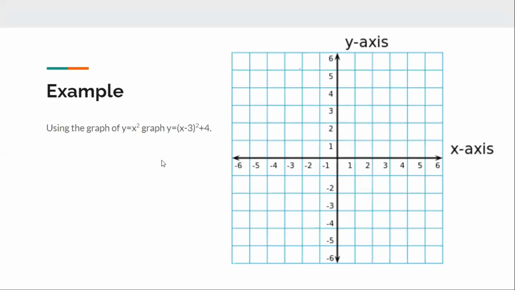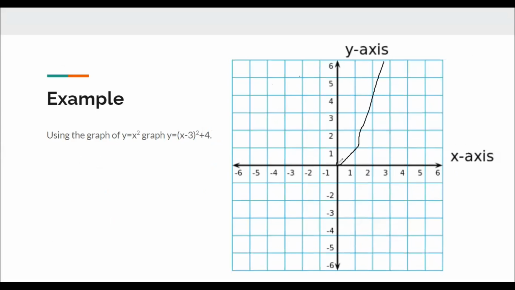Using the graph of y equals x squared, graph y equals (x minus 3) squared plus 4. So first you want to graph y equals x squared. We talked about this last week. It's going to be something like that. That's y equals x squared. So now you think about it this way.